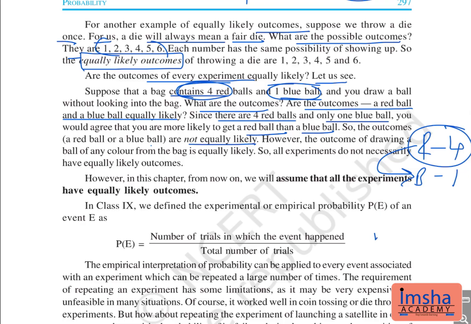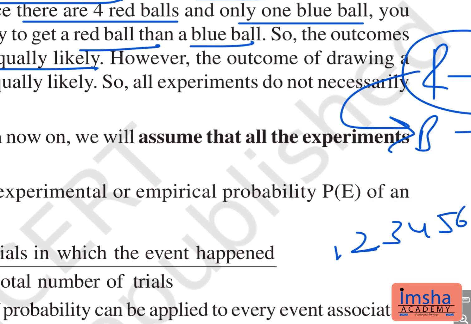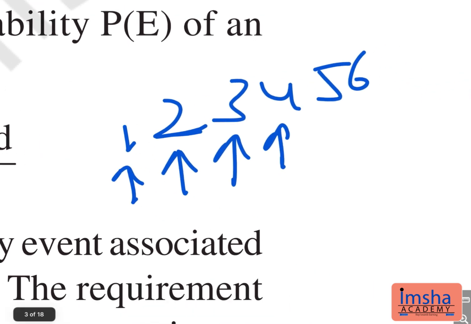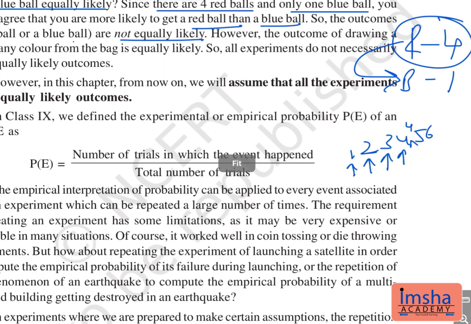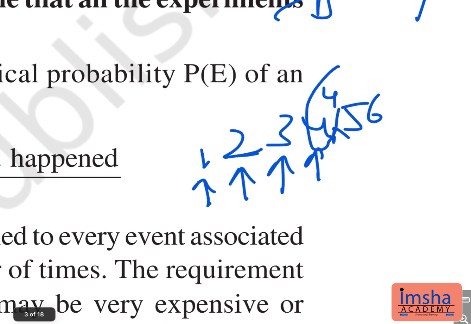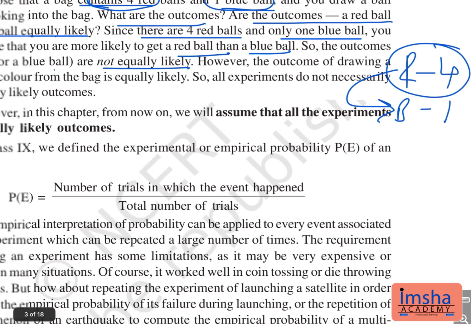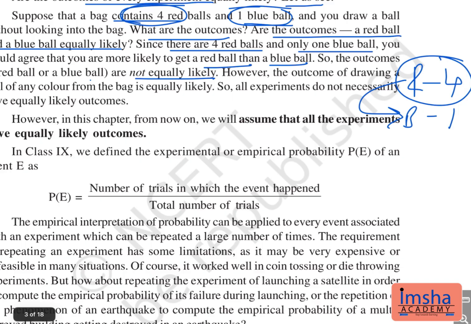A die has 6 faces, and every face has a single value, right? If suppose there were 2 faces of 4, then we could say the probability of getting 4 is more likely than getting other digits. But a die contains only 6 faces and every face is of one value, so we can say it is equally likely.